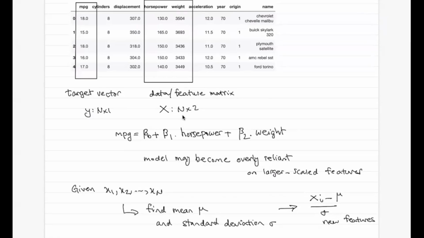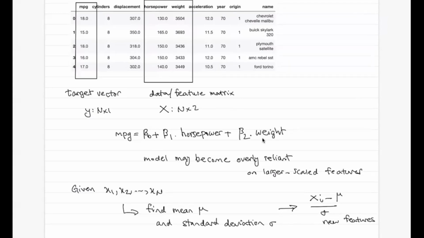And since we have only two features here, you can see that we have two columns. Similarly, we form a target or output vector, which is of size n by 1. And here we have the corresponding MPG for each pair of inputs that we have. So this is the general form of supervised learning where we have input and output pairs for our training data.